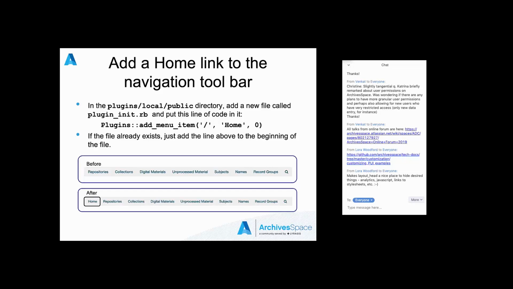If you already have a plugin_init.rb in your local public directory, all you have to do is add this line to that file. So you'll see before what the nav toolbar looks like, and after it adds the home link at the beginning of the navigation toolbar.